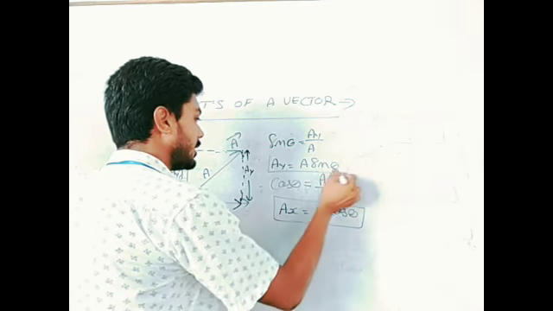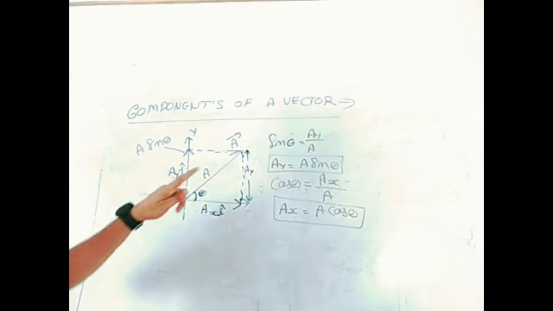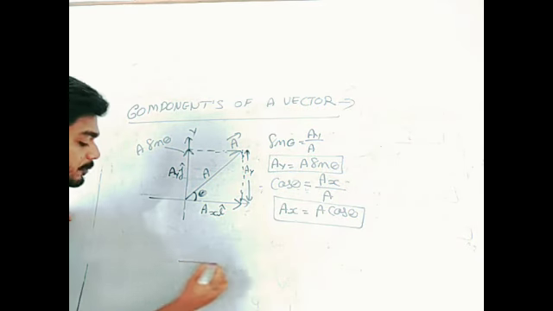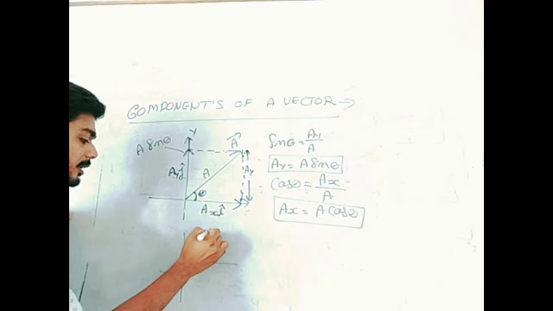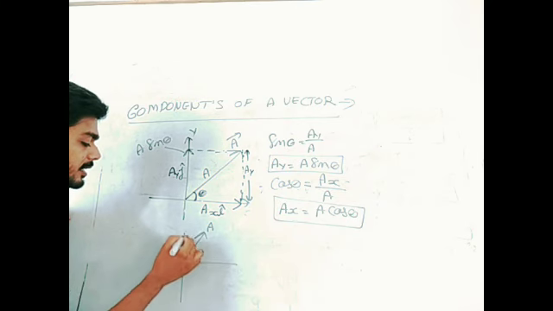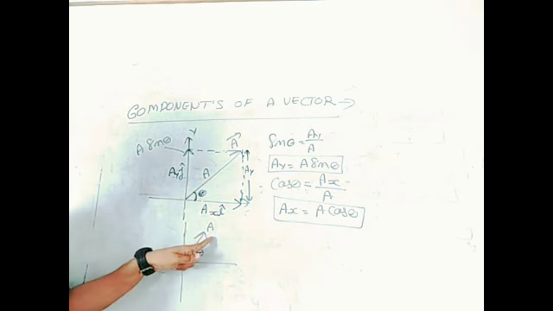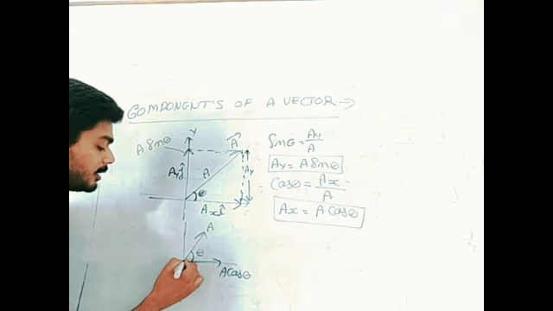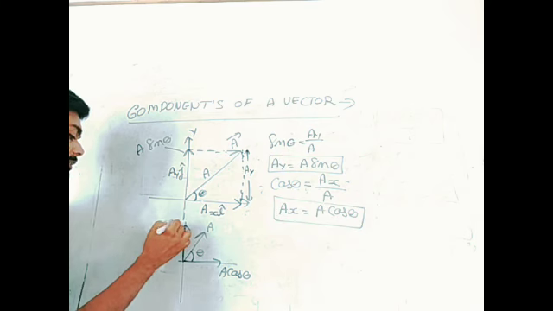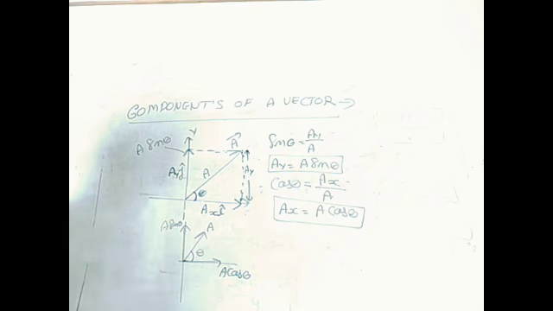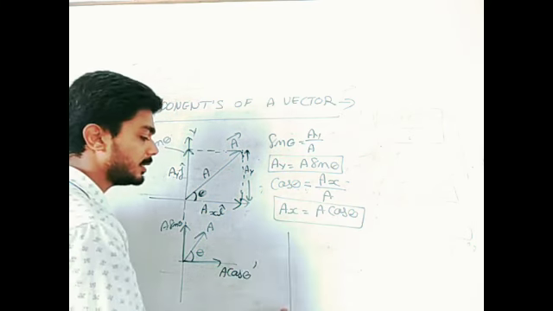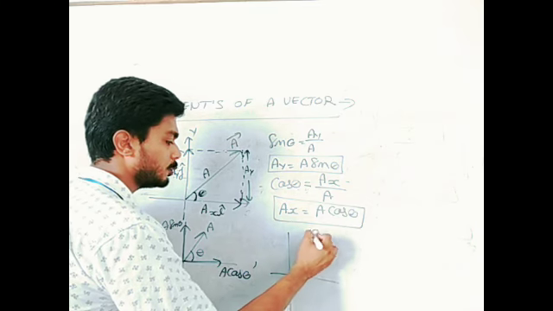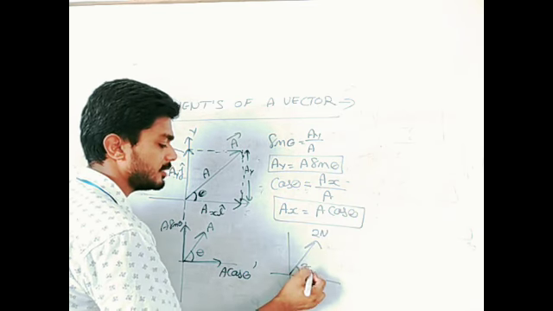Then students, for any vector A which is inclined at angle theta, this vector A has two components, the horizontal component A cos theta and the vertical component A sin theta. Suppose, for example, there is a force of 2 newton at angle 30 degrees.